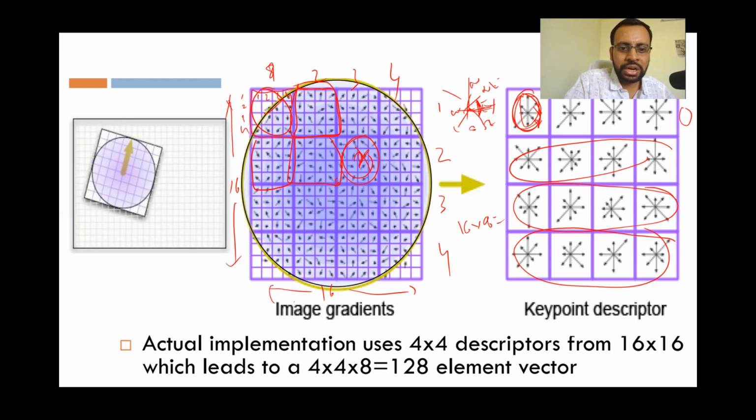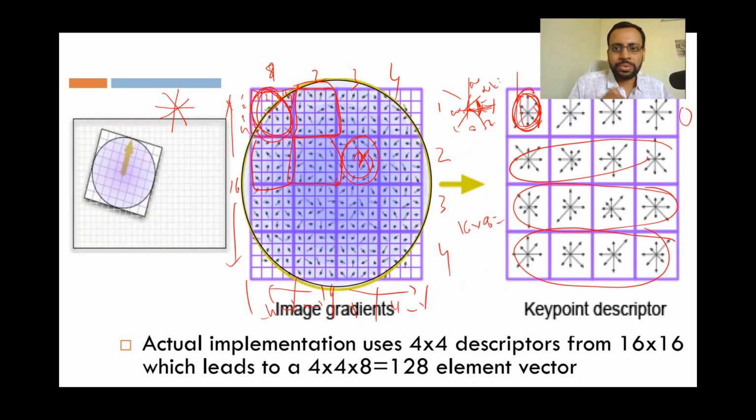And then you divide it further into 4 by 4 blocks. How many blocks do you have? You have 16 blocks now. For each block, you have 8 values. This is a histogram.